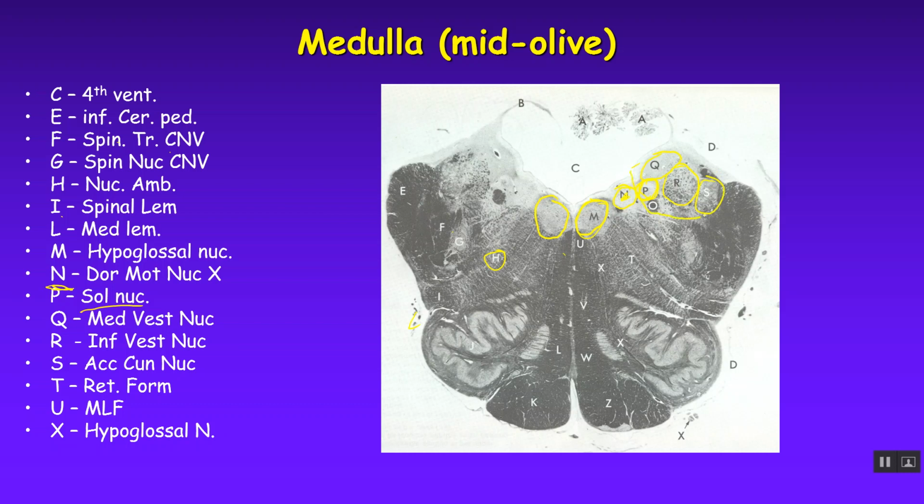So all of these out here, this whole group, those are all sensory in nature, nuclei, where these are more motor, including the nucleus ambiguus in here. So it's like you're dividing them into more lateral groups of nuclei versus medial, medial being a little more motor in nature, lateral being sensory nuclei.